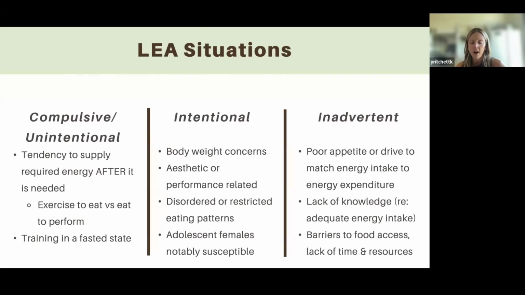So a lot of athletes do not have a good idea of what this looks like. It could also be barriers to food access. So food insecurity could be one problem, lack of time. We know that oftentimes athletes will go from school straight to practice. And so with this, it just requires some planning ahead.